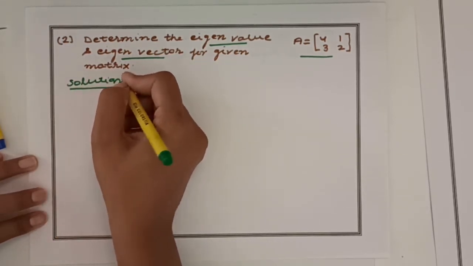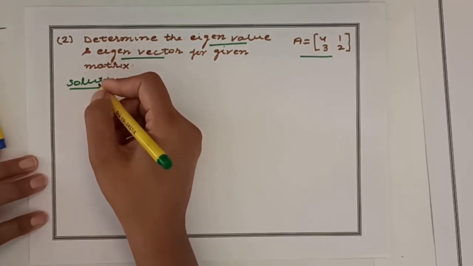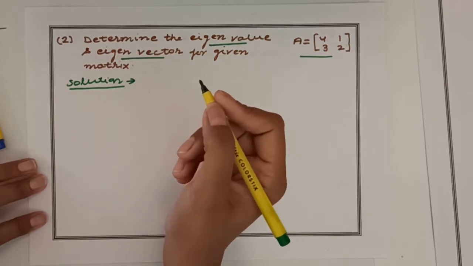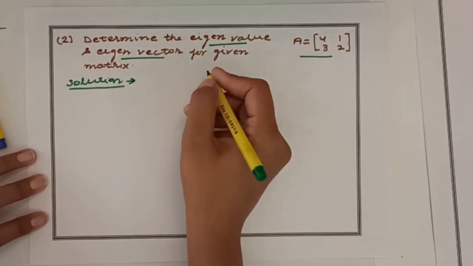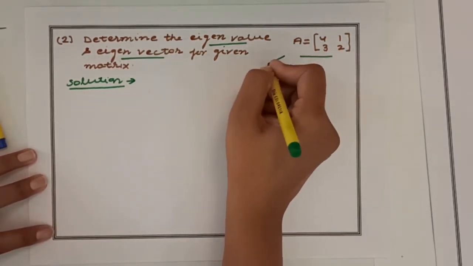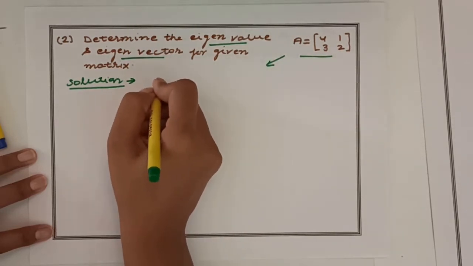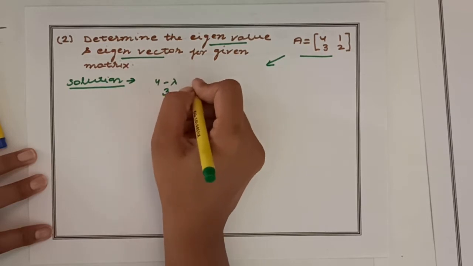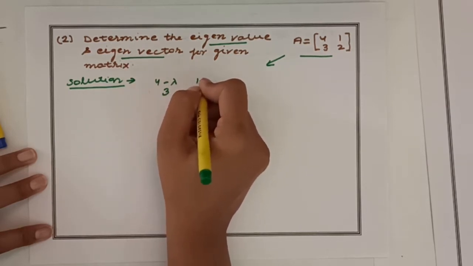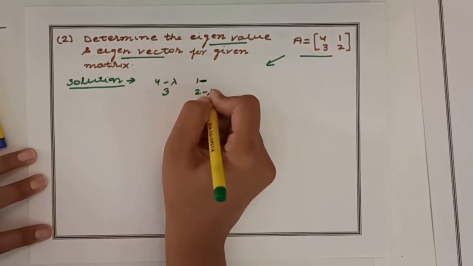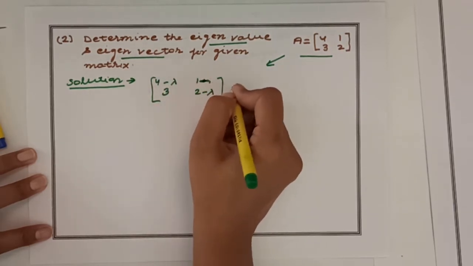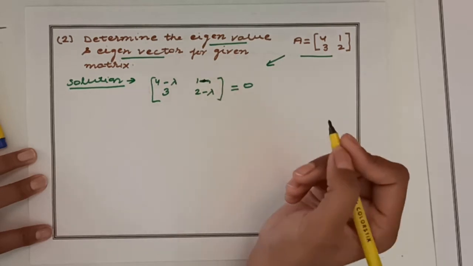eigenvalue and eigenvector calculation includes a step like A minus lambda I is equal to 0. So here you can write down from this matrix [4 minus lambda, 3; 1, 2 minus lambda] equal to 0.